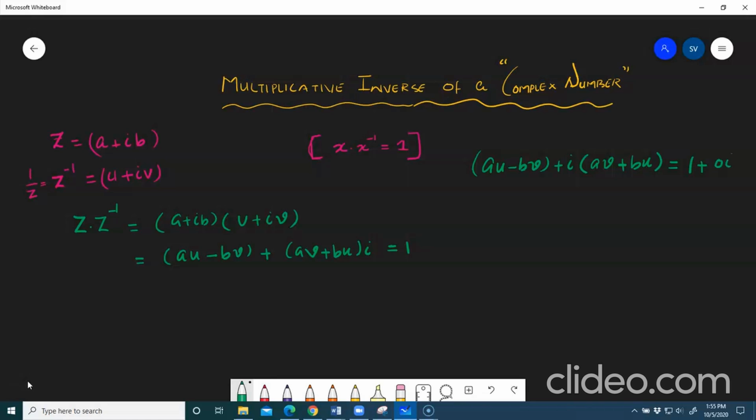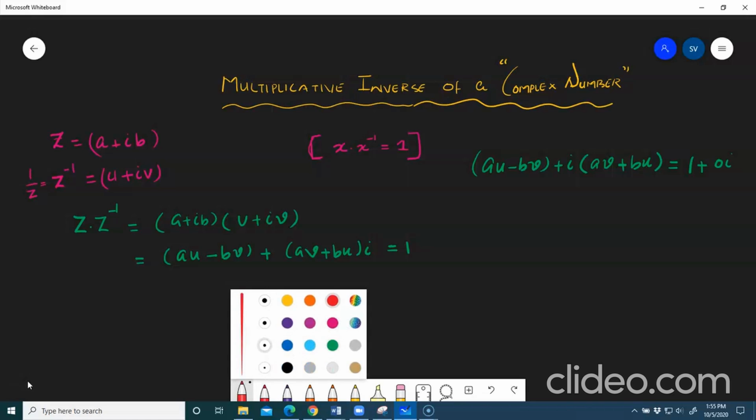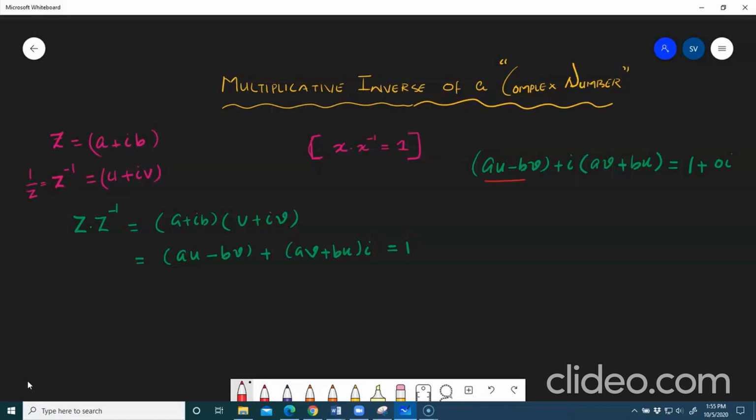That means these two complex numbers are the same, so the real parts should be the same and the imaginary parts should be equal. Here the real part is au minus bv, and the real part of 1 is 1, so we can equate those two. au minus bv equal to 1, and av plus bu equal to 0.